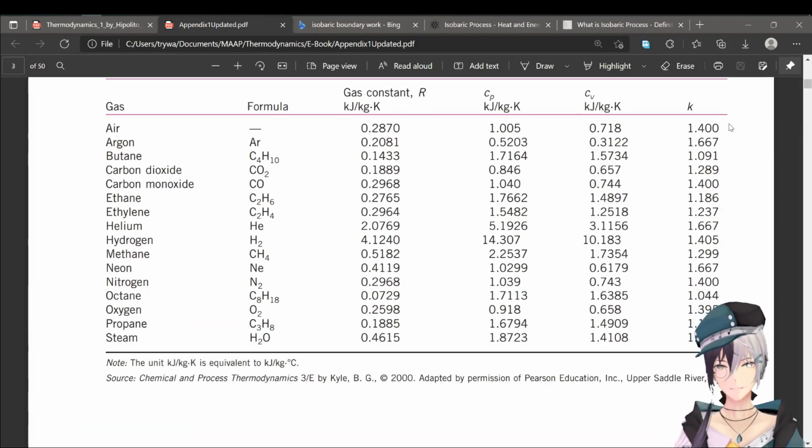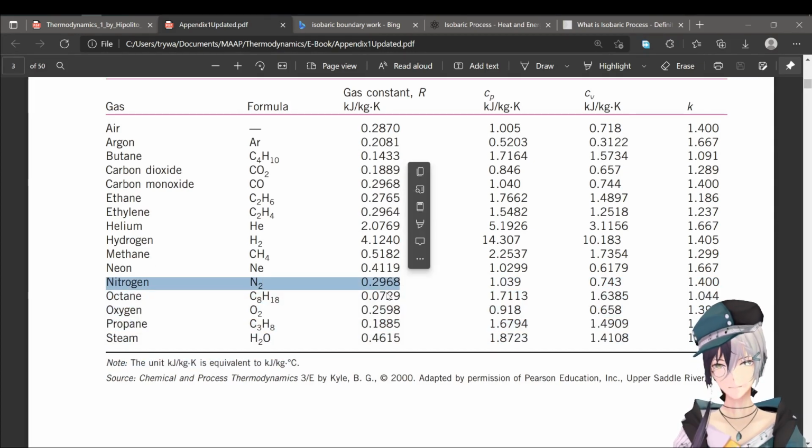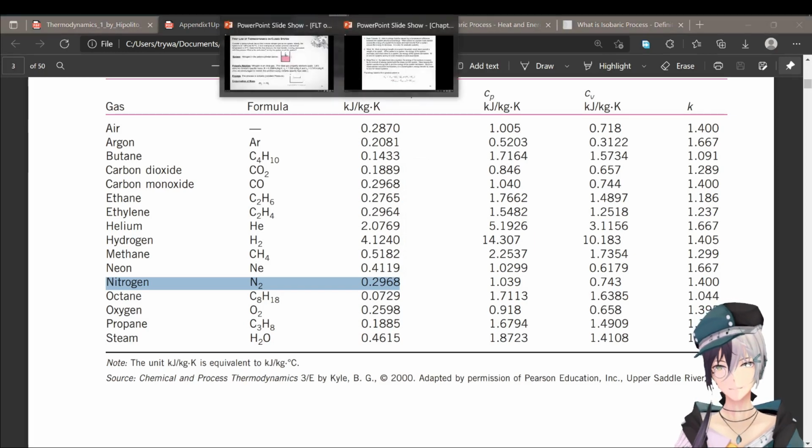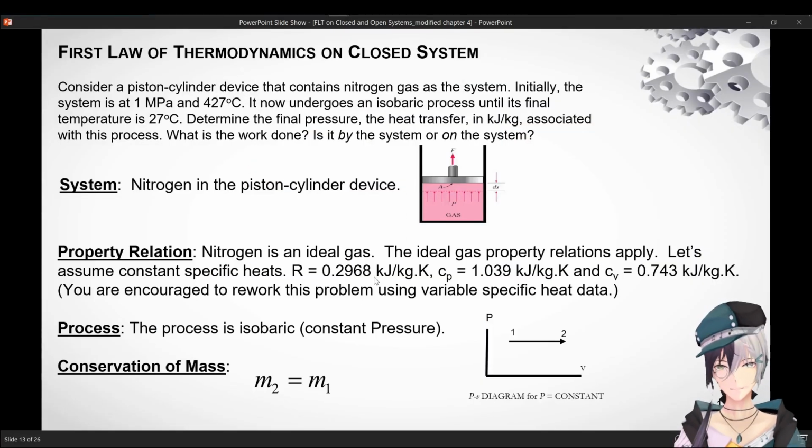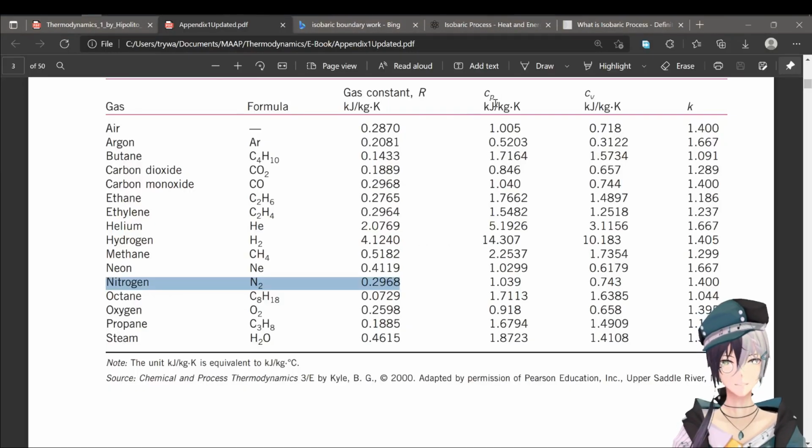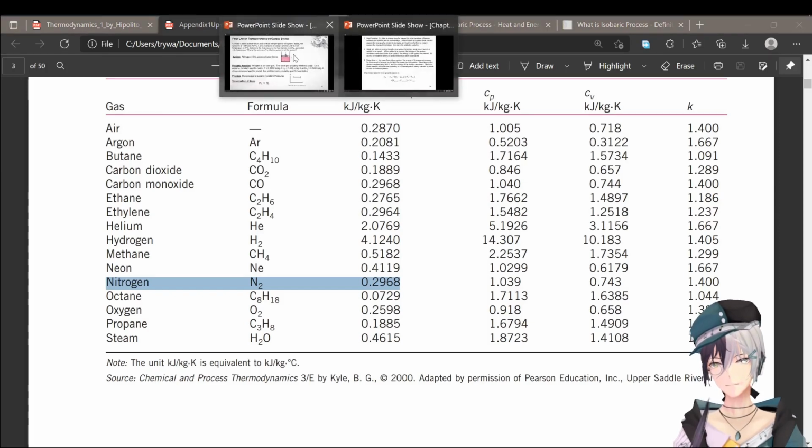Over here, gas constant. Nitrogen is over here, 0.2968. And same thing for specific heat at constant pressure and constant volume.